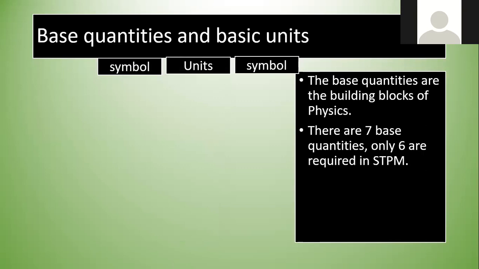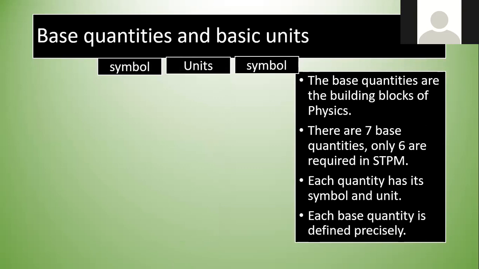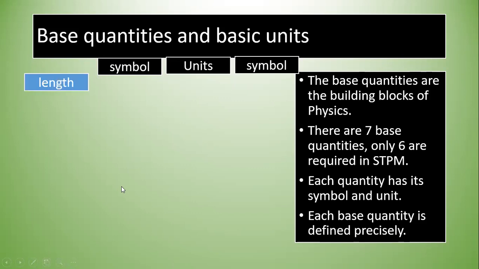For STPM and A-level, you need to know 6 of them only; memorize them. Each quantity has its own symbol and unit. Right? And each base quantity is defined precisely. You don't need to know about that in lower form. You have defined it.